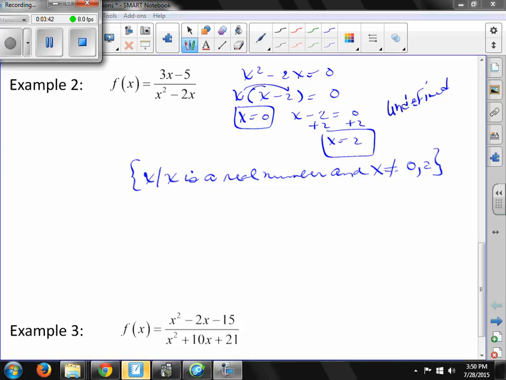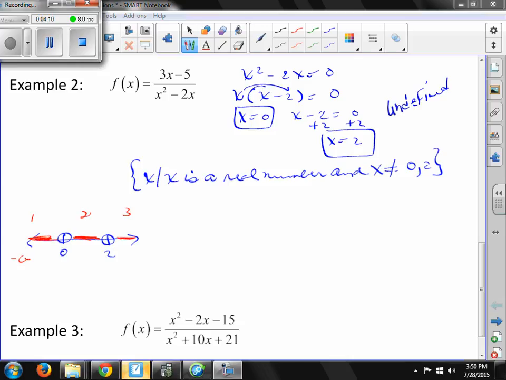As an interval, I'll have to make a little number line so I can see the interval. Let's see, 0 and 2 are the omitted points. So I have two omitted points, which breaks it into three parts. The first part is from negative infinity to 0. The second part is in between the 0 and the 2.